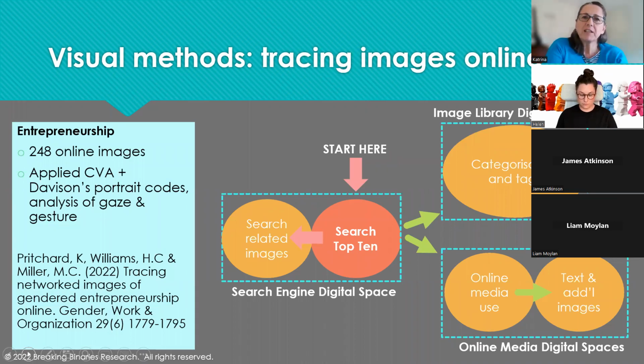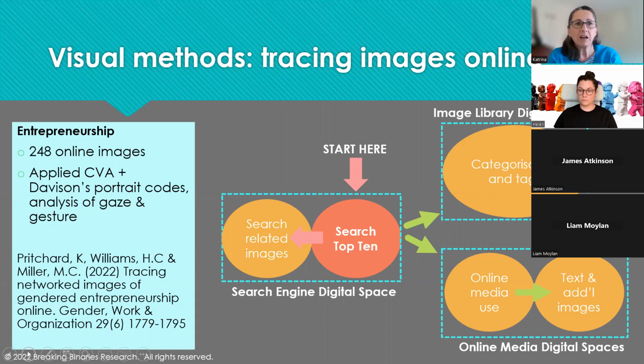So how did we find the images, which is the first challenge if you're curating images that you want to analyse? In this particular work, as I said, we were interested in firstly identifying some popular images and then following them, if you like. We called it tracing them, but you could also say we were following or tracking them online to see where they appeared and where they were used and in what context.